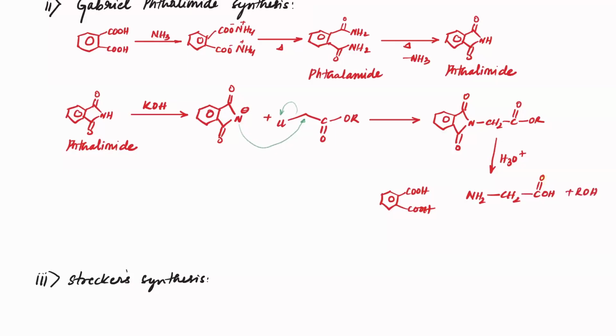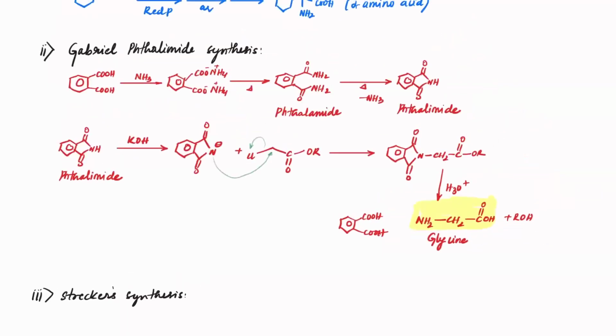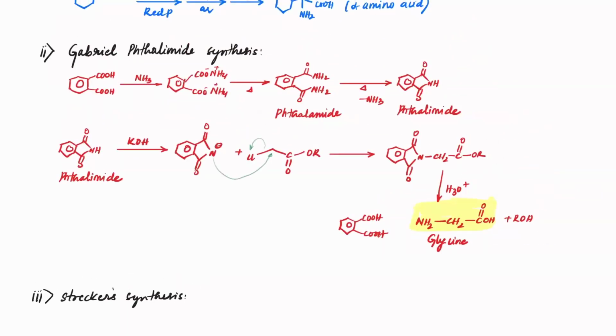The product we got here is glycine, an amino acid. If you want any other amino acid, all you need to do is keep one substitution here instead of hydrogen, and that substitution will help form the corresponding amino acid instead of glycine. So check it out quickly, everybody.